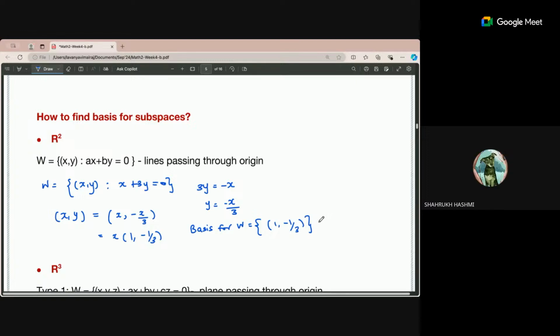Yes, any scalar multiple, any non-zero scalar multiple of this vector will also form a basis, right?